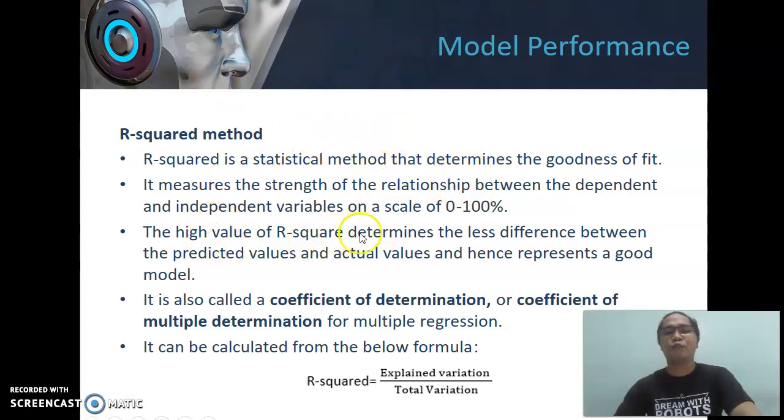A high value of R-square means less difference between the predicted values and actual values, and hence represents a good model. It is also called the coefficient of determination, or coefficient of multiple determination. For multiple regression, it can be calculated using the formula: R squared equals explained variation over total variation.